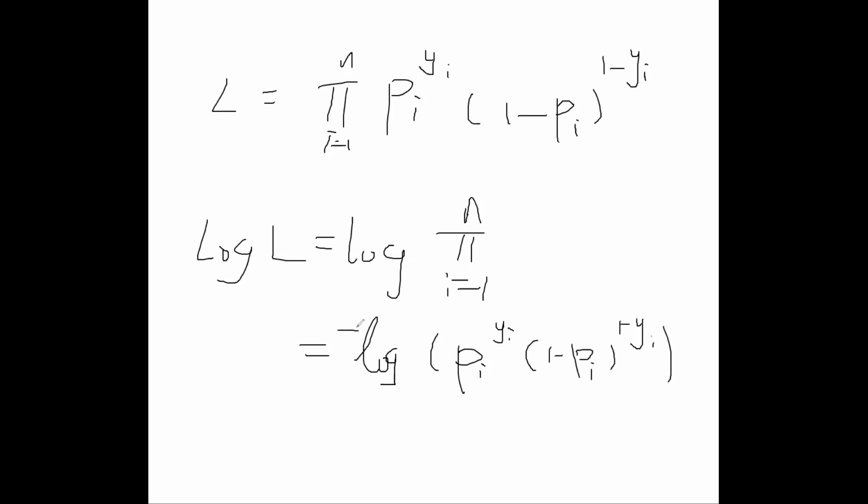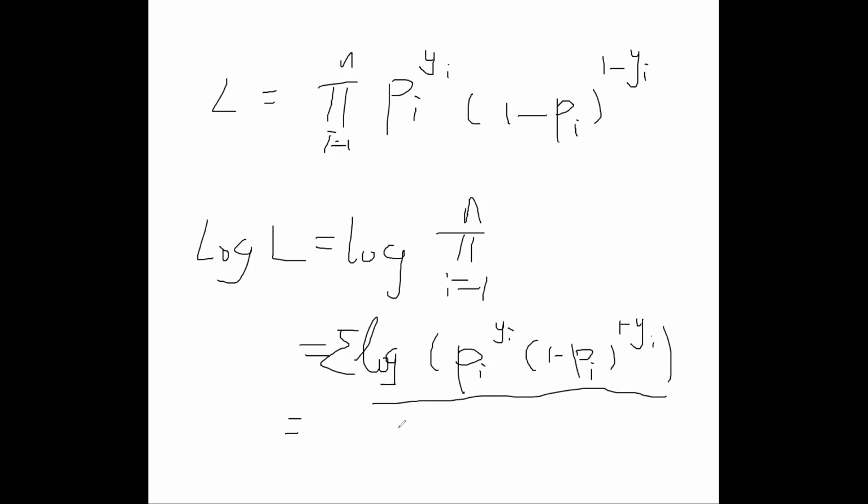And then summation, right? Log of A times B equals log A plus log B. So if we take the log of each one of them and then sum them up, it should be equivalent to what we have here. That's really what's missing on the slide, but now we got it.